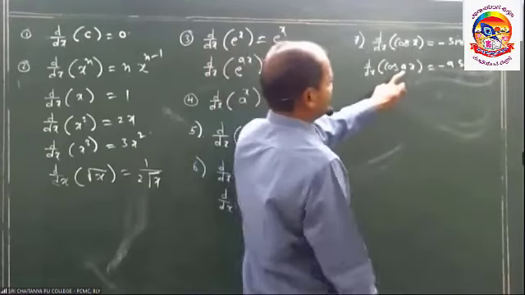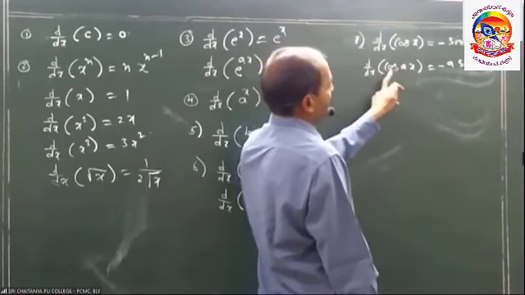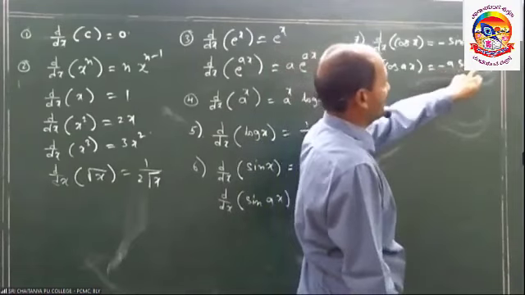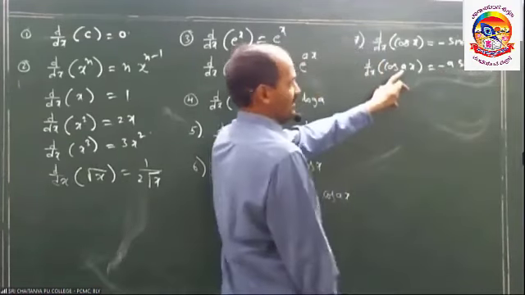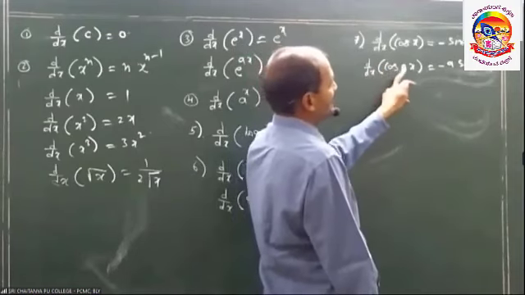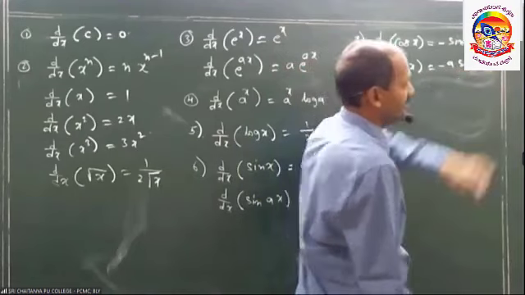If instead of a you have a constant, for example 3, derivative of cos 3x is minus 3 sin 3x. If a is 10, derivative of cos 10x is equal to minus 10 sin 10x.